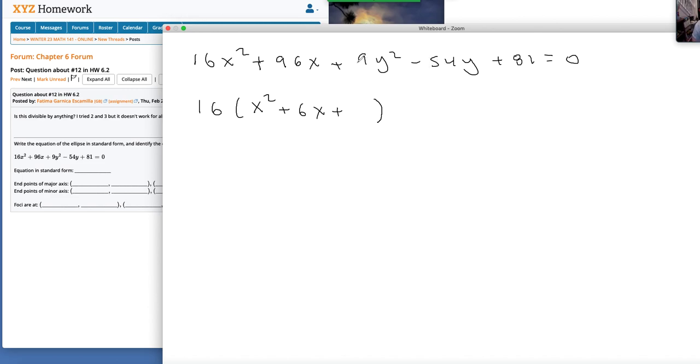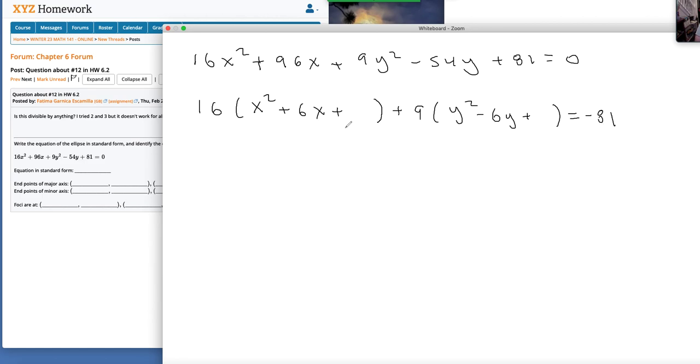I'm going to factor out a positive 9, because that's going to get me a plain y squared. So notice I'm factoring whatever's in front of the squared terms. And then right here, that's going to leave me a negative 6y. And again, I'll leave myself plus with a little bit of space. And I'm going to bring this 81 over, so that will make that a minus 81.